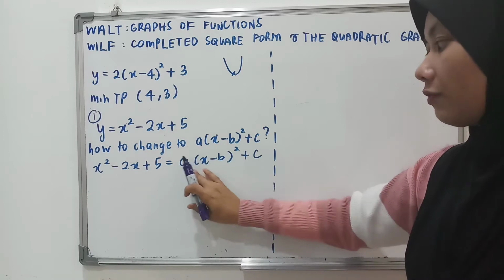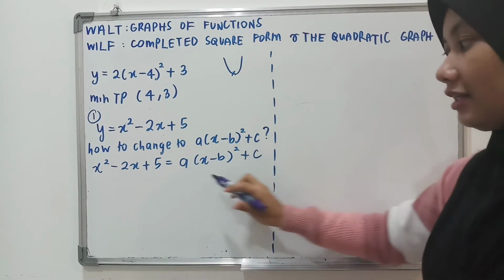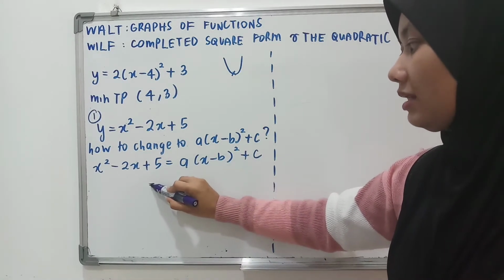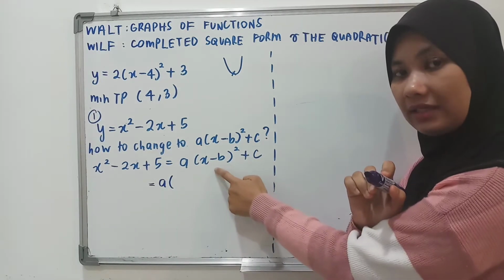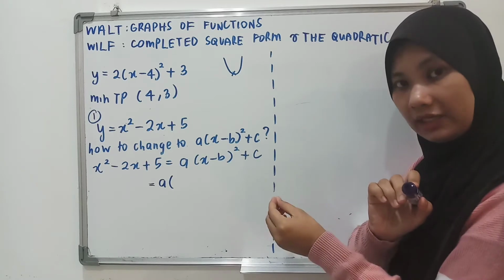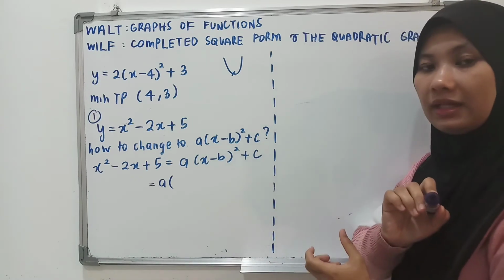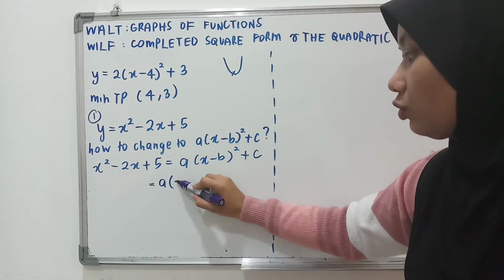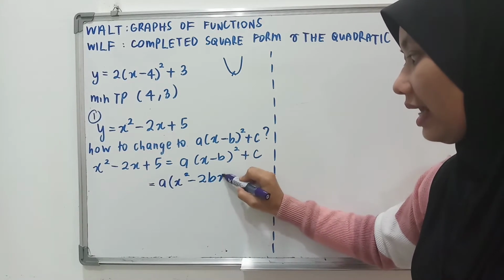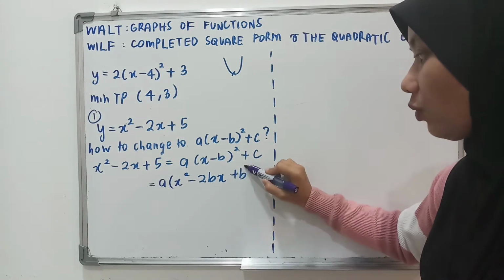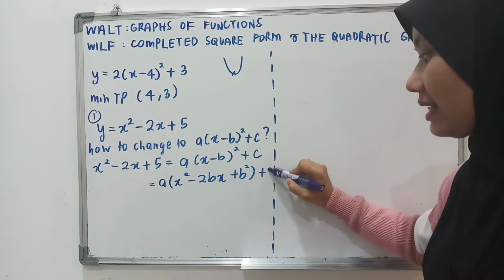From the right hand side here, you expand that quadratic. If you don't know how to do the shortcut, you just do double bracket, but I'm going to do the shortcut method here. x squared minus 2bx plus b squared, close the bracket, plus c.